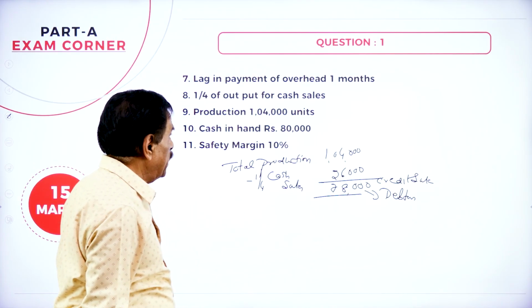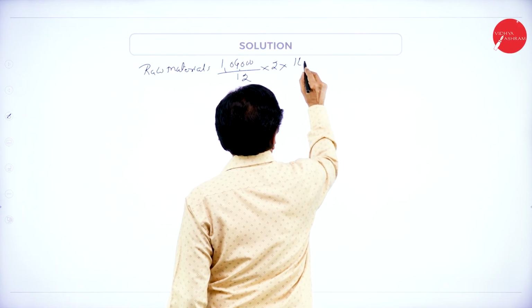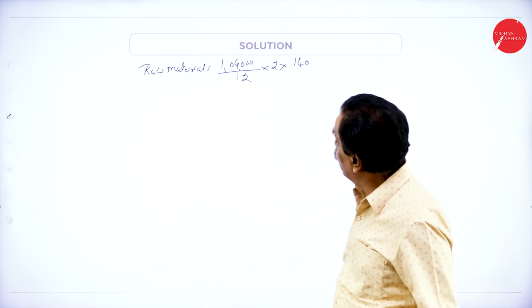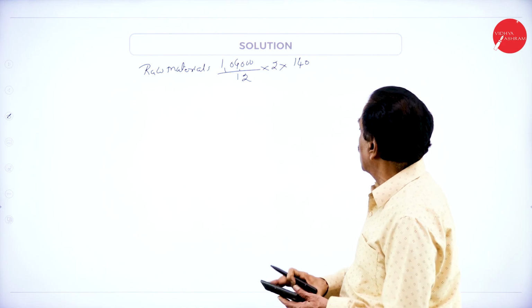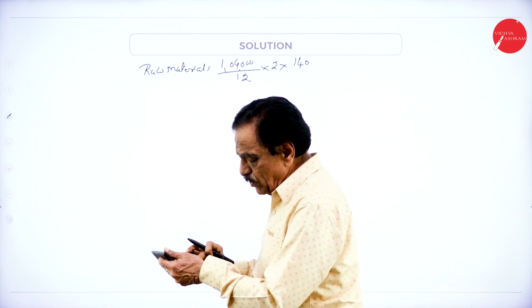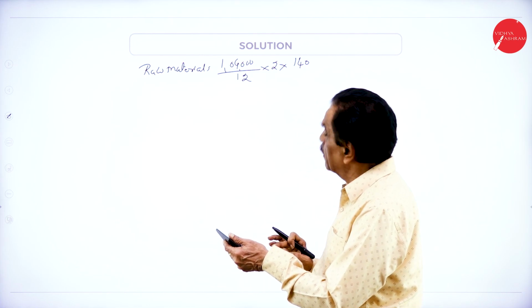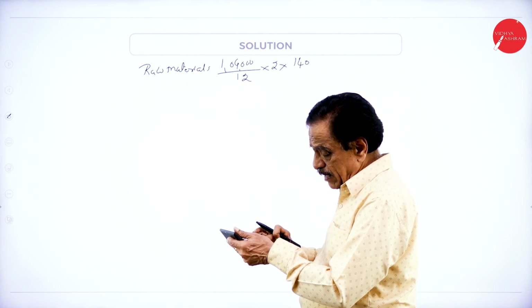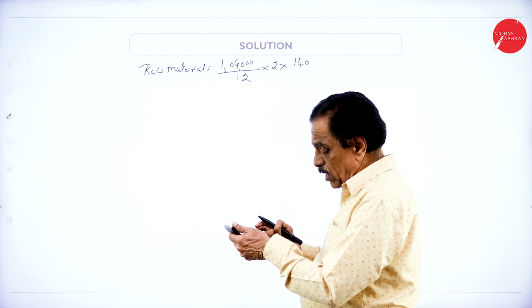What is the cost of the material? 140. So 1,04,000 divided by 12, it is going to stay for 2 months at a cost of 140. 104 followed by 30 divided by 12 into 2 into 140.